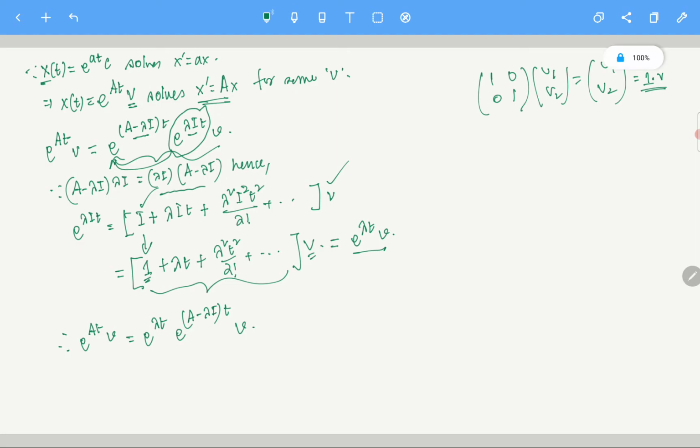This is the property of an exponential. Once we write it like this, the v I can just keep out of the whole thing, and so basically e^(λIt) can be written as e^(λt). Clear? Okay.